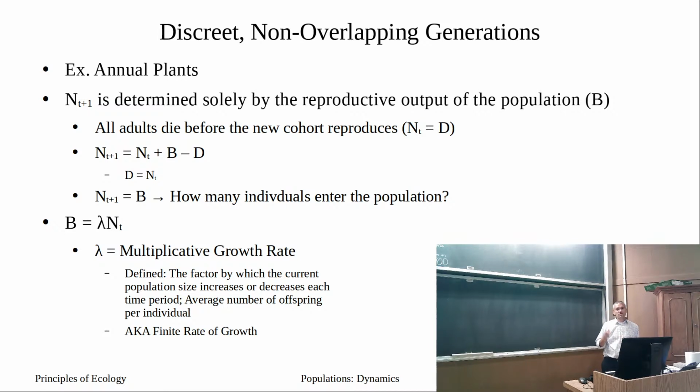In essence, it's our average number of offspring produced per individual. So lambda gives us a birth rate, not necessarily the number of births: how many offspring each individual in our population is expected to produce. If we have a rate, we have to multiply it by our current population size, because we have to account for every individual, and that gives us an estimate of how many births we expect in our population.